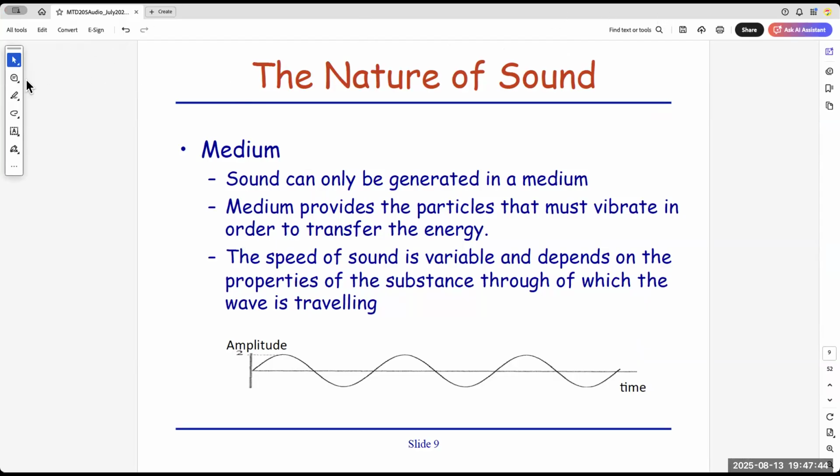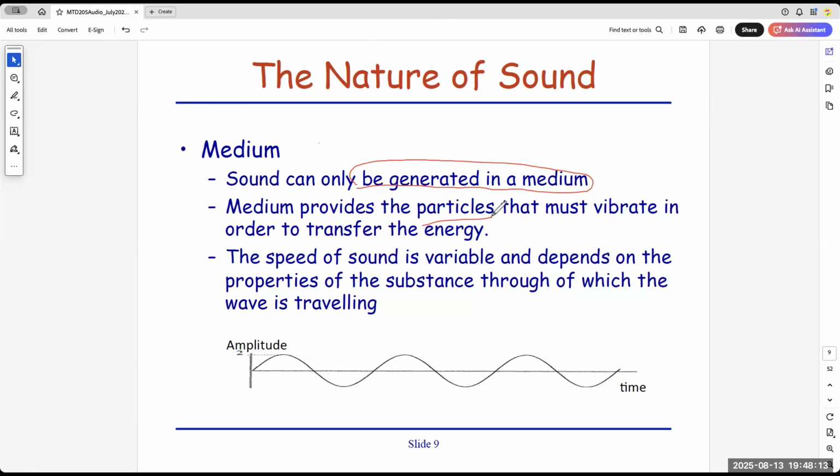So sound, as you see from this slide, can only be generated in a medium. So what is a medium? A medium is needed to provide the particles that must vibrate in order to transfer energy. So sound requires a medium because the medium helps transfer energy from point to point.